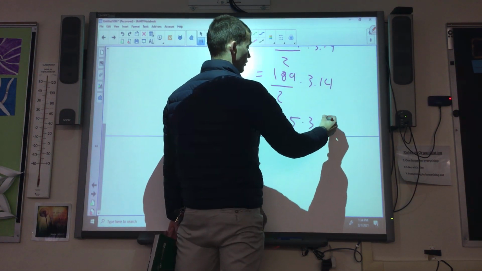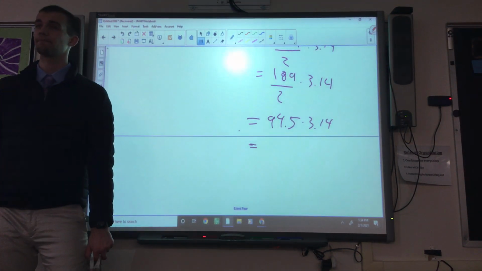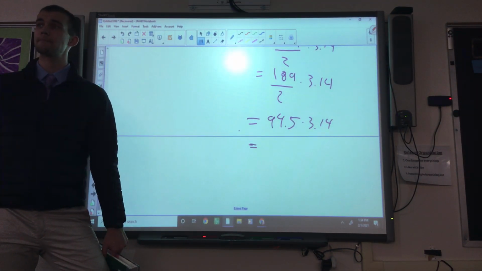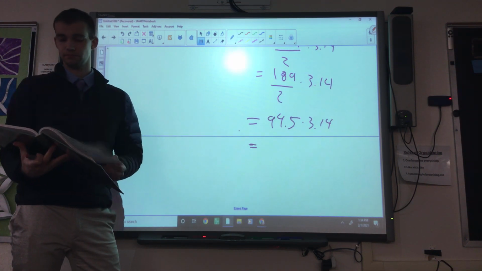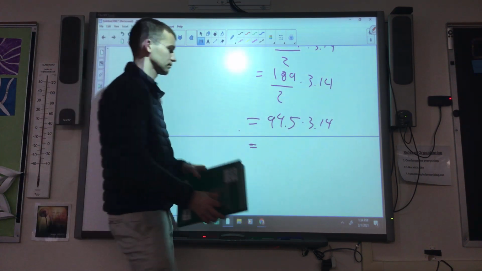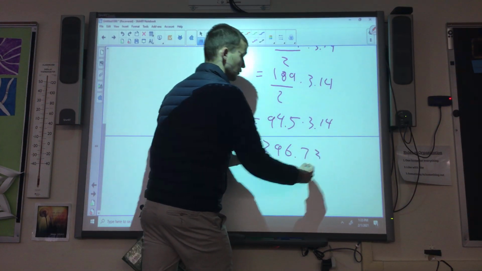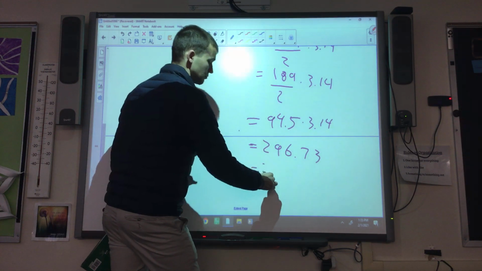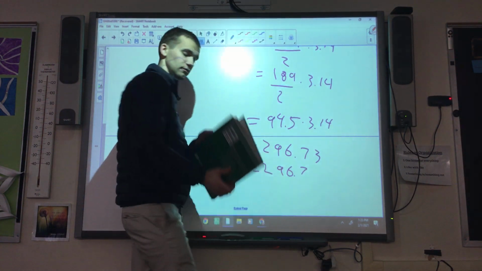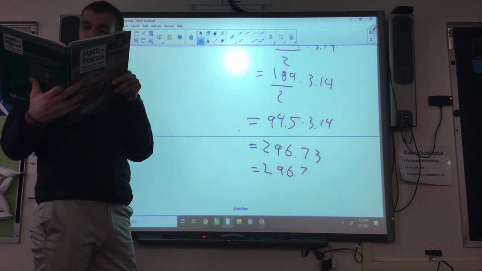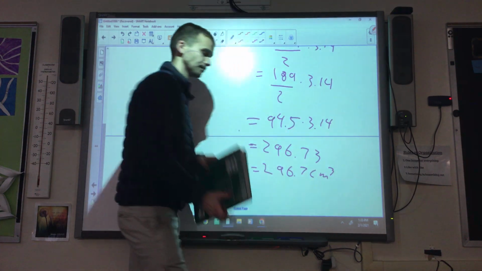Times 3.14 is 296.73. If we round that to the nearest tenth, it becomes 296.7, and the units are centimeters cubed.